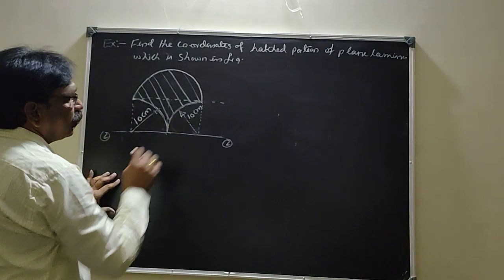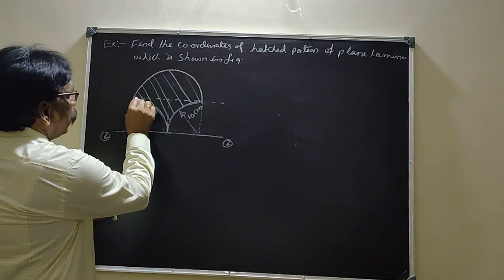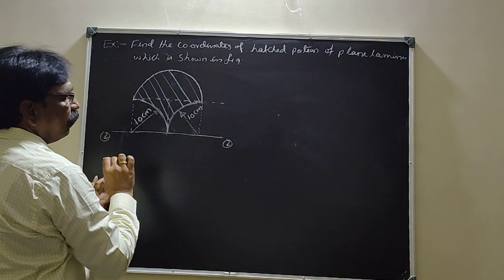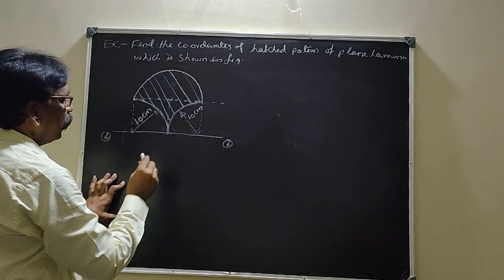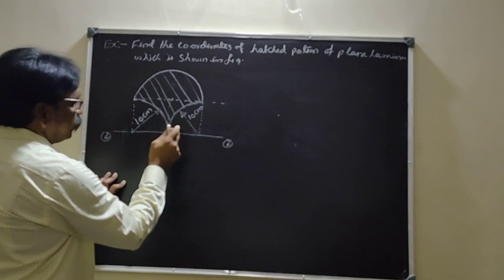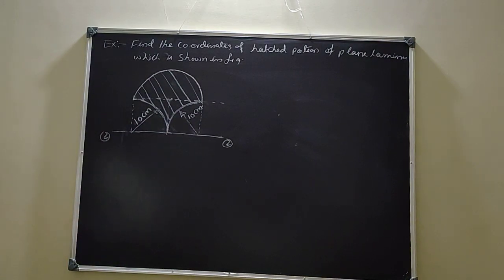Now look at this figure. This figure consists of a semicircle of radius 10 centimeter, and then there are two quadrants of radius 10 centimeter each.